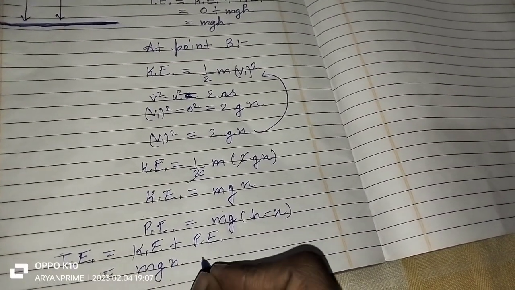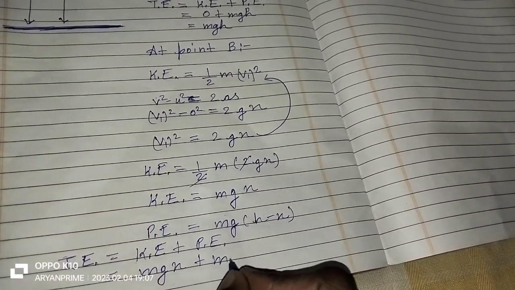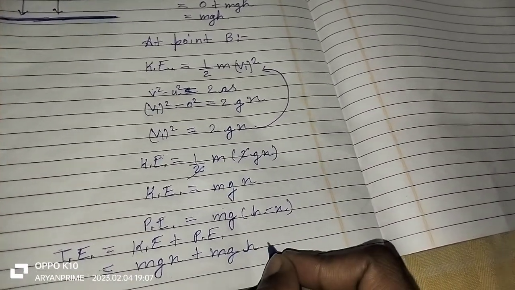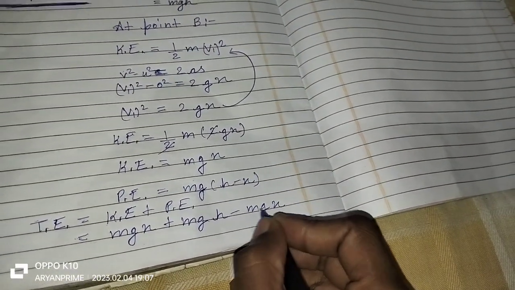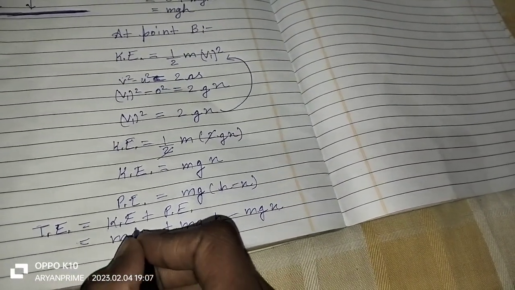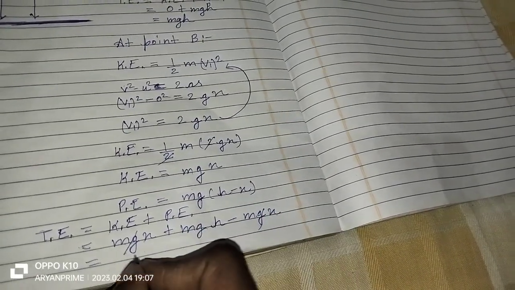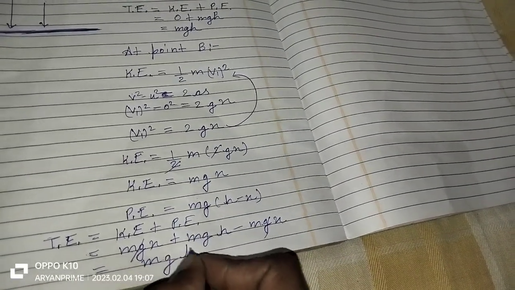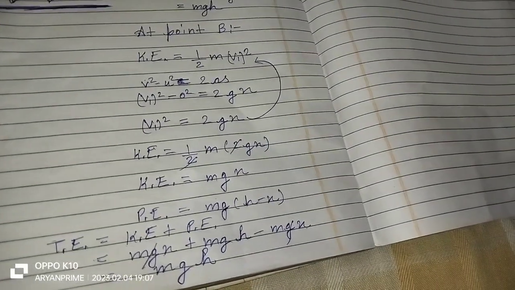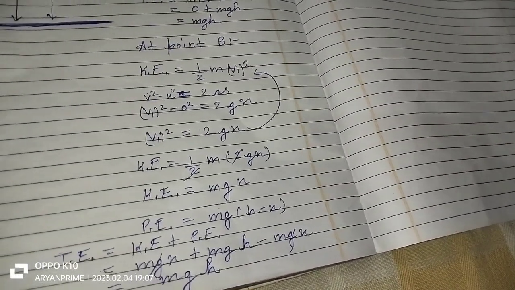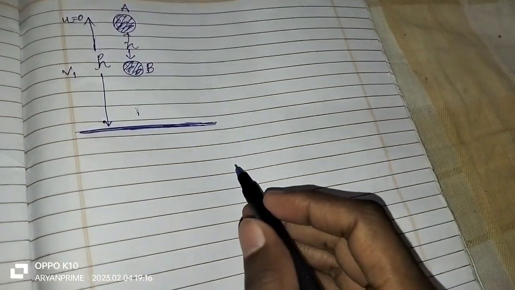We write here mgx plus potential energy, mgh minus mgx. So similar terms with opposite sign will be cancelled. So here we write mgh. So the total energy at point B is also mgh.